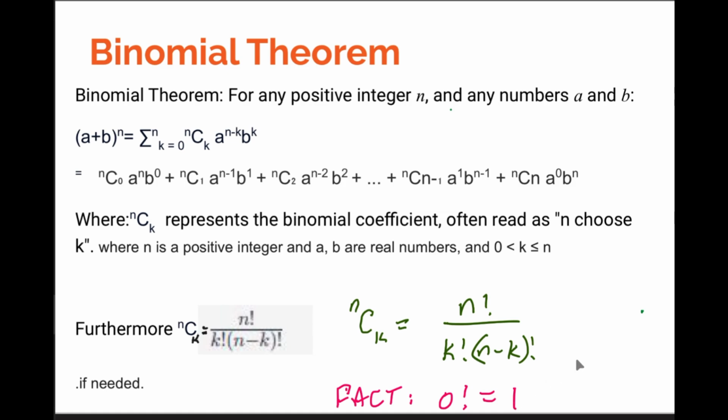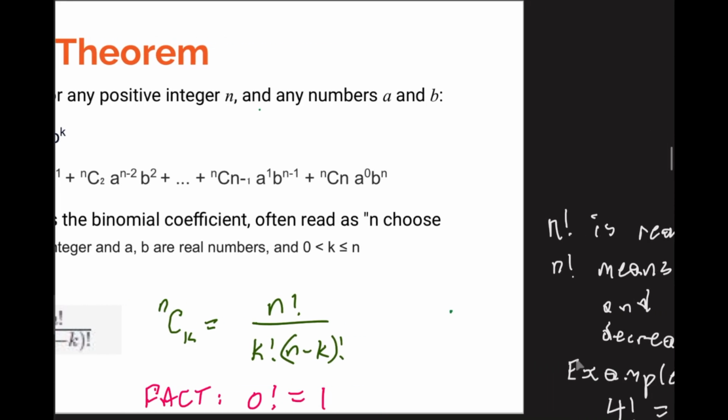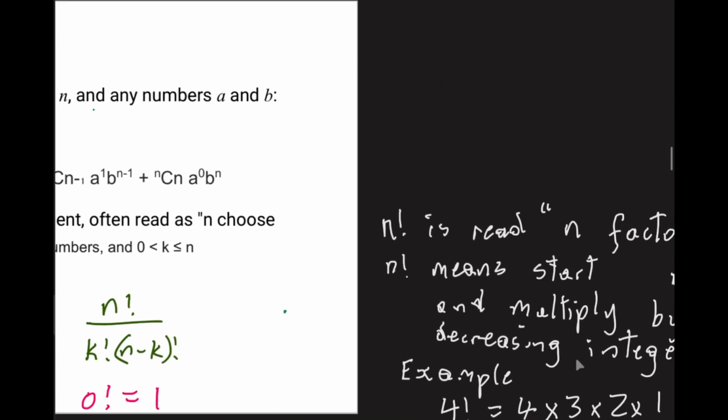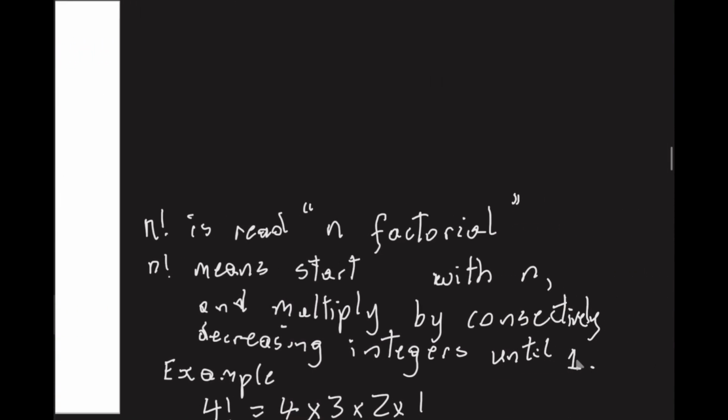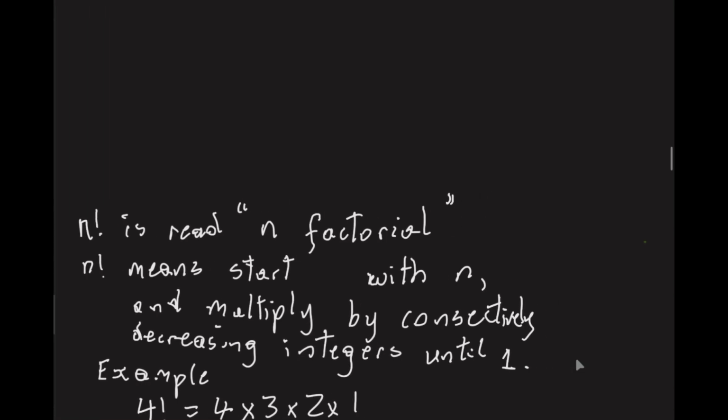Okay, so let's talk about what this is really saying. From the formula there, we have n choose k is equal to n factorial over k factorial times n minus k factorial.